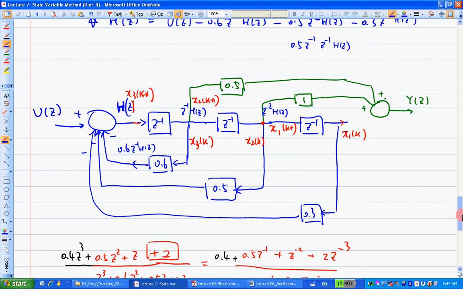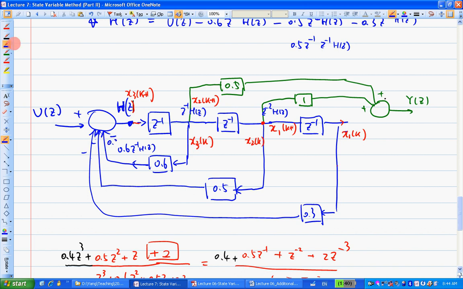So x3 of k, coming back here, where's the x3 of k plus 1? It is a signal out of this junction here, so x3 of k plus 1 will equal this guy minus this. This signal here is 0.6 x3 of k.